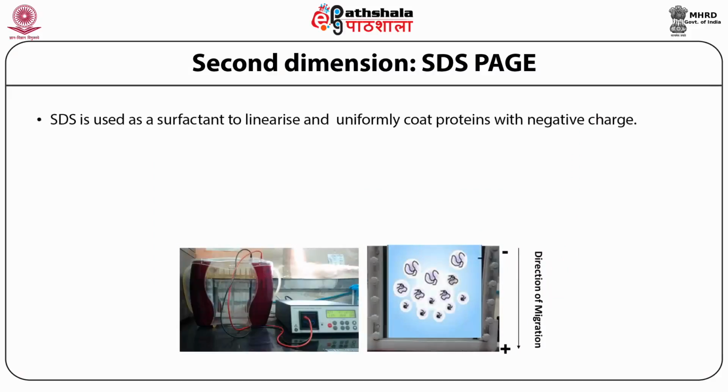The second dimension, or the SDS PAGE. After the equilibration step, the strips are now placed on acrylamide gels and subjected to electrophoresis. The principles and technique involved are the same as explained in the module on SDS PAGE electrophoresis.